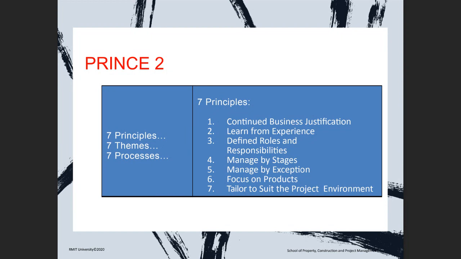In Prince2, you manage by exception. So this is actually for all the risks that might happen. You might find ways to change a few things. So it doesn't have to be strictly the previous stages that you have followed. And it's focused on the products, on the end products, which is quite related to quality as well. And it's tailored to suit the project environment.